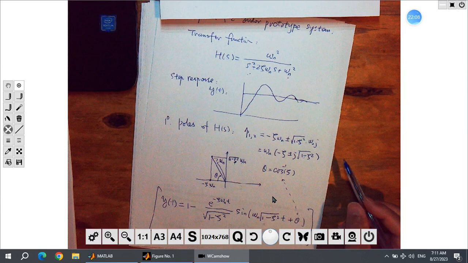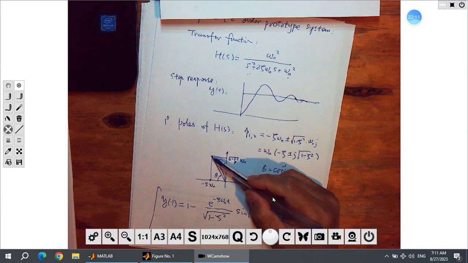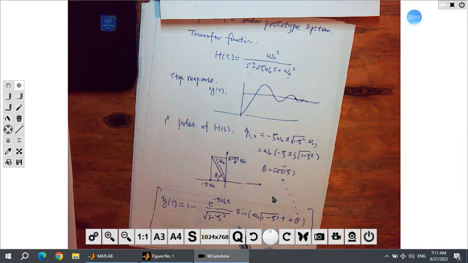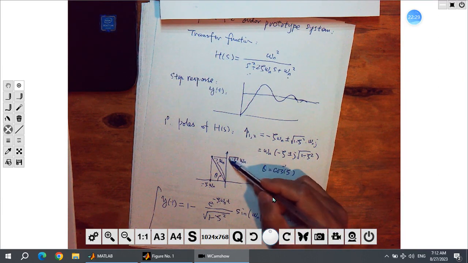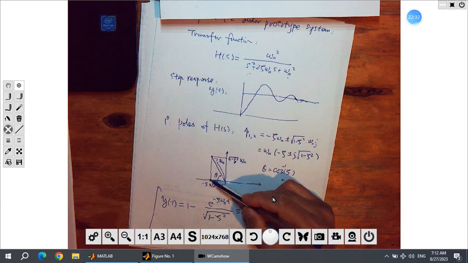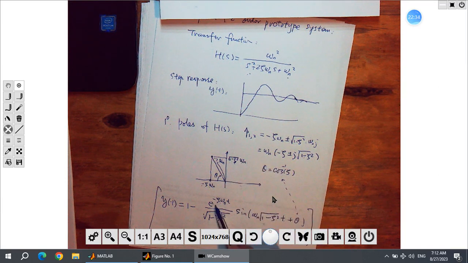So you see, this pole gave us all the information in the formula. Zeta omega n, this is negative zeta omega n, is this value, right? And this frequency is just this number. So the real part and the imaginary part of the pole. And this angle is just this theta.